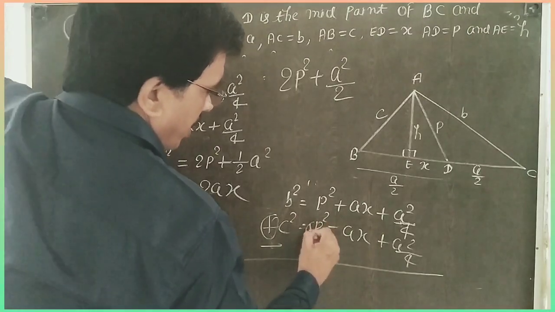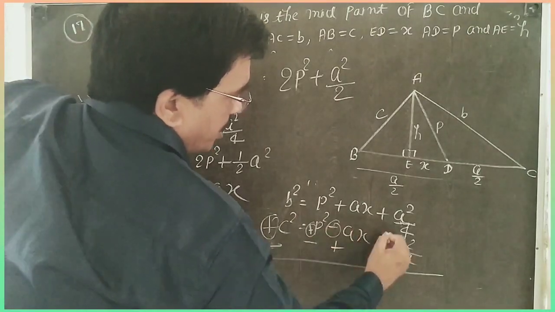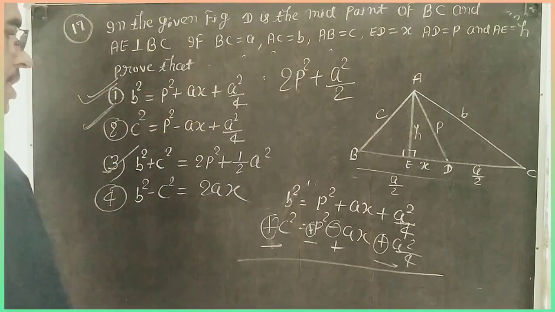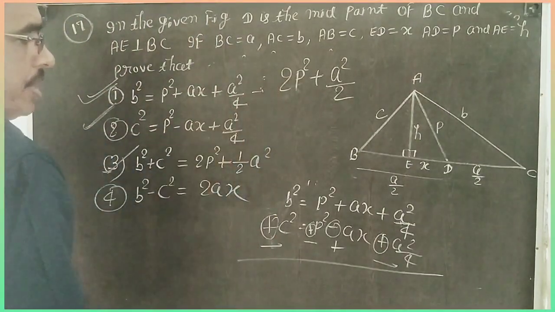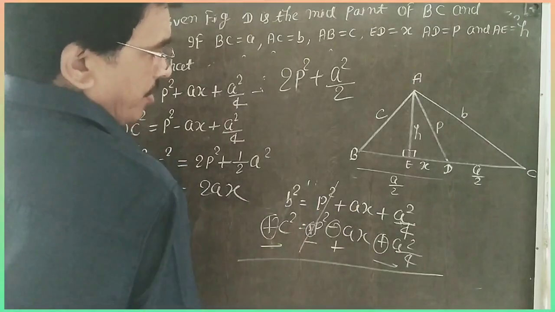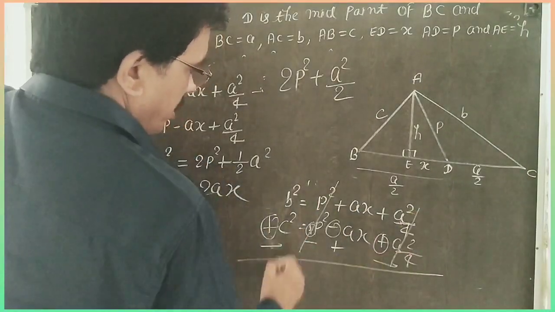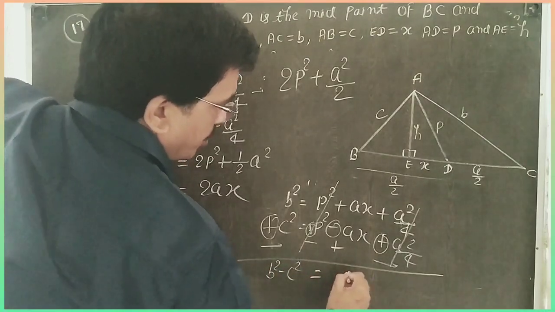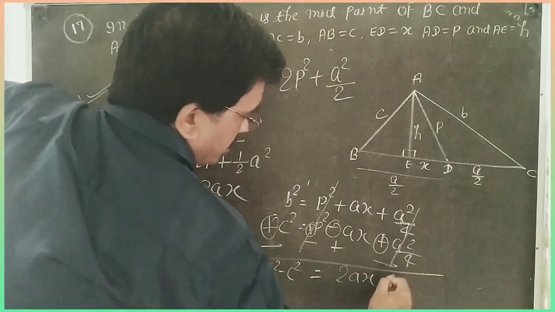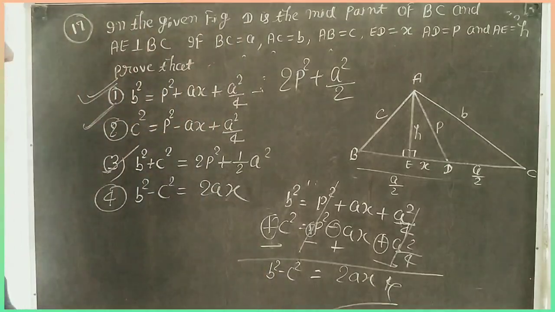Here plus, then minus; here minus, then plus, then minus. This is the first equation and this is the second equation. Then it is cancelled. It is also cancelled. And it is b square minus c square is equal to 2ax. It is your solution.